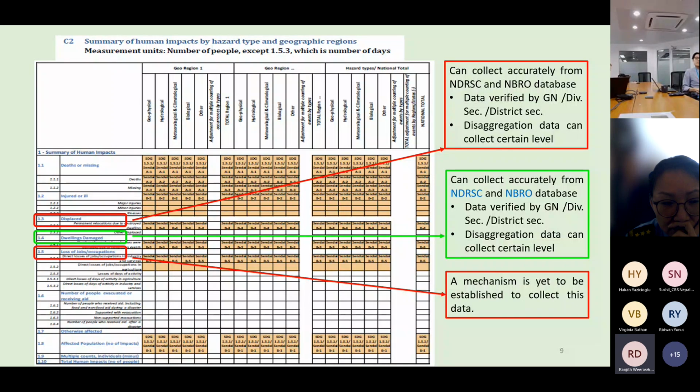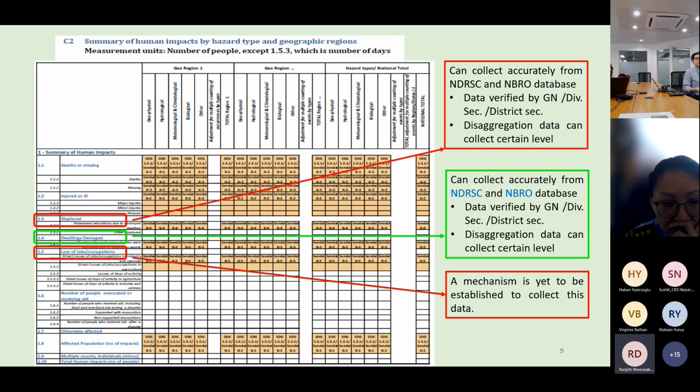Disaggregated data can also be collected to a certain level, and this is also 95% accurate. But the other one is dwelling damages. This data can be collected accurately from the NDRSC and National Building Research Organization database, verified by the GN, DS and the district level.